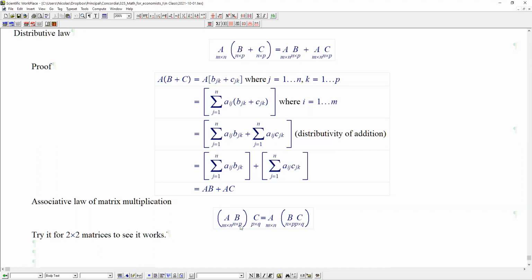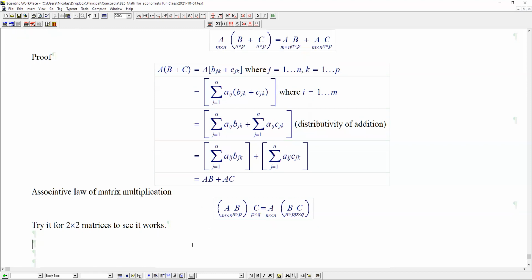And now, of course, what you need to have is m times n, n times p, p times q. Yes, yes, of course. Now we're going along. Property of transpose.